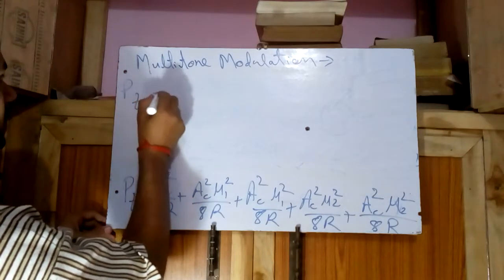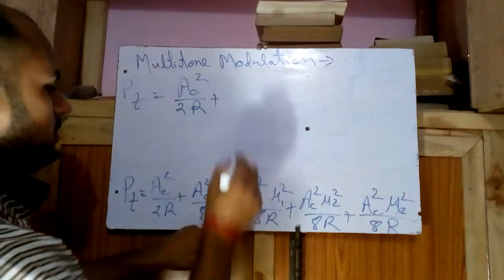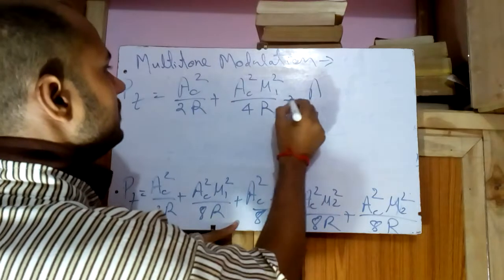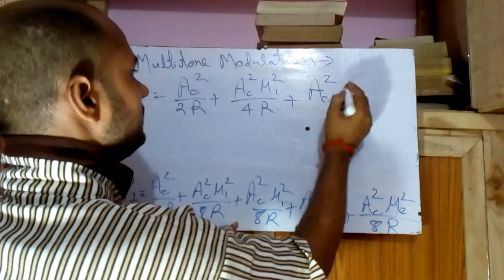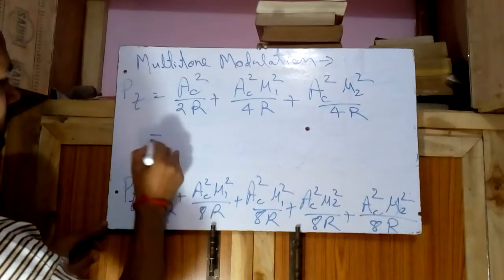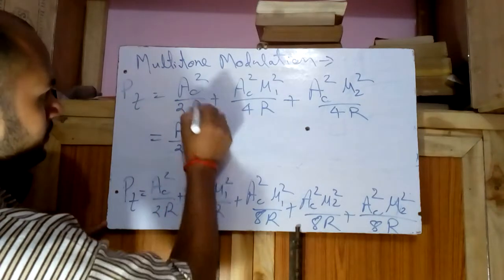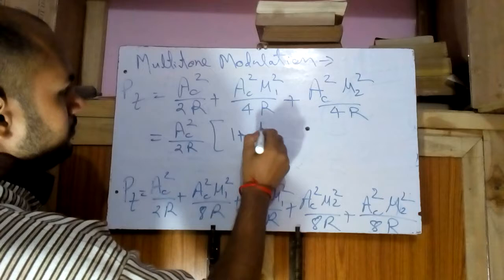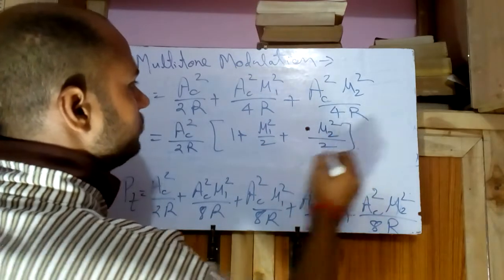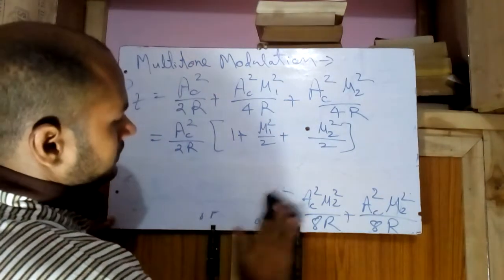This will become, total power will be Ac square by 2R plus Ac square mu1 square by 4R plus Ac square mu2 square by 4R. Now take common this term, Ac square by 2R. This will be 1 plus mu1 square by 2 plus mu2 square by 2.